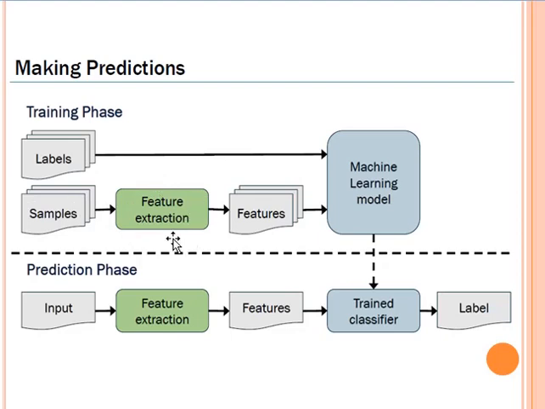So feature extraction is a very crucial and important phase, and if these features are not extracted well, or do not have enough distinguishing properties, then it will be a very difficult task.